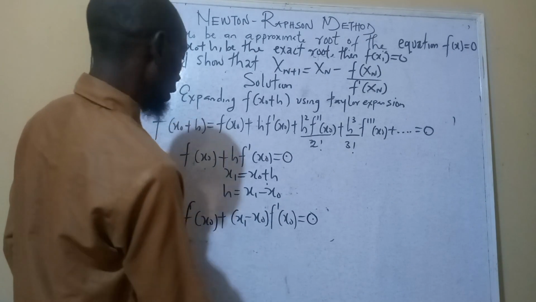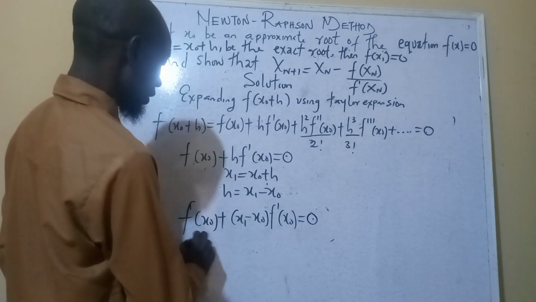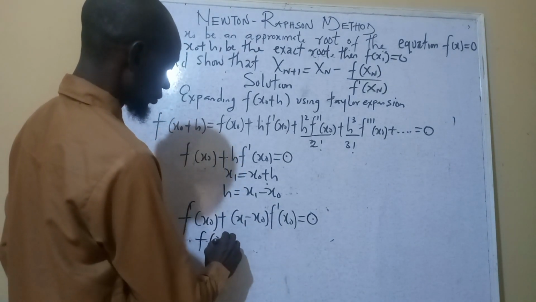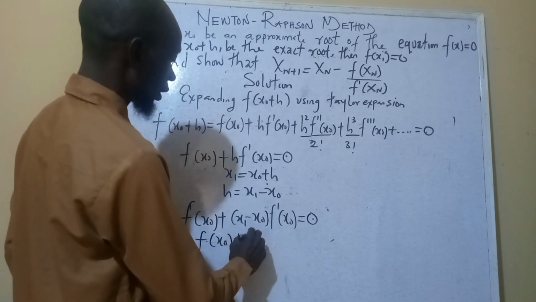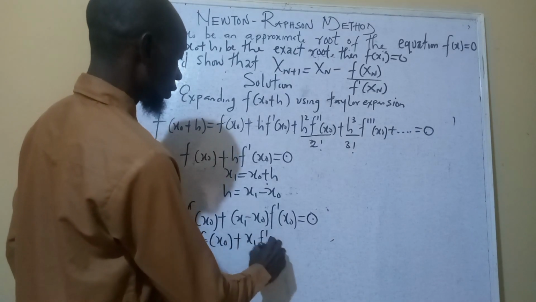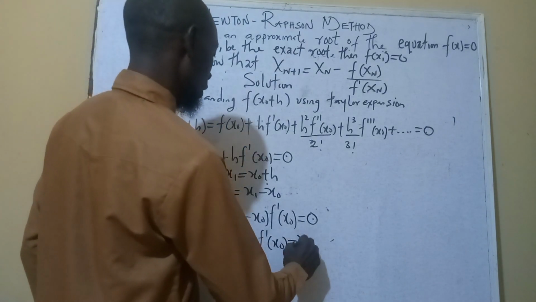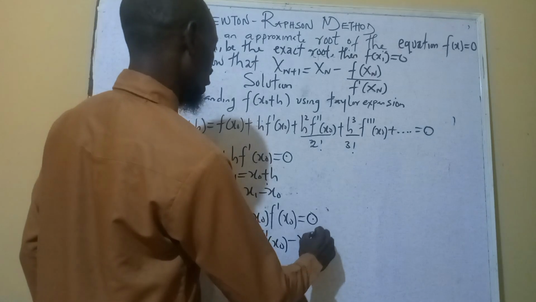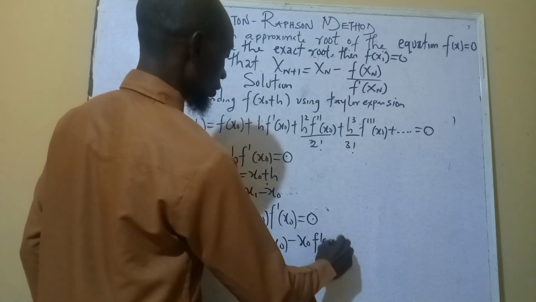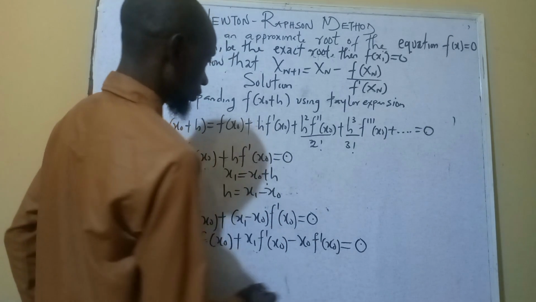Now let me just expand this value here. f of x naught plus x1 f prime x naught minus x naught f prime x naught equals 0.